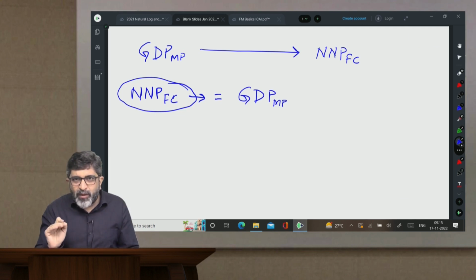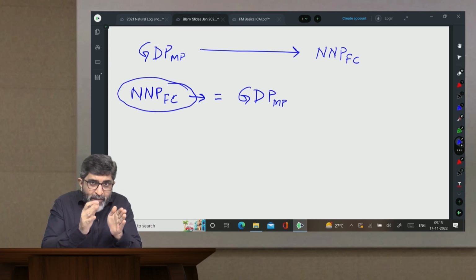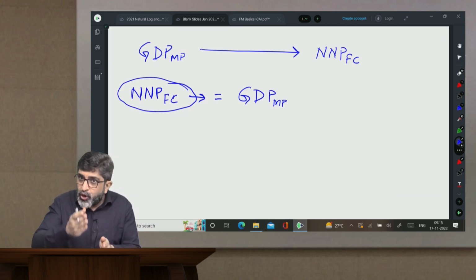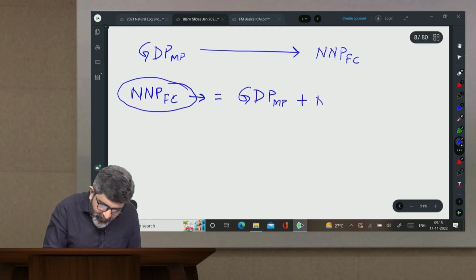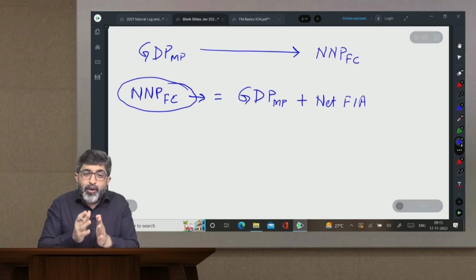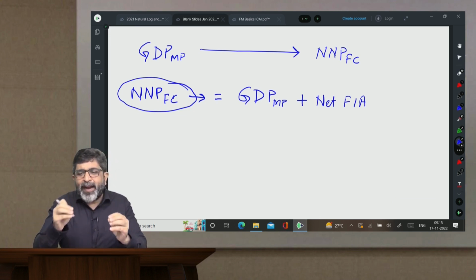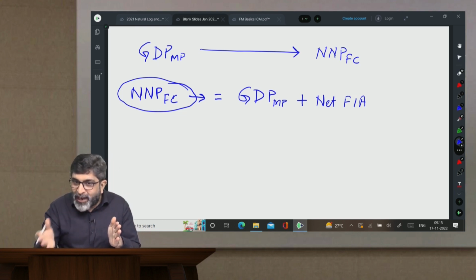First, I will convert domestic product to national product. You understand the approach. Domestic to national, I will just add net FIA. I could convert domestic to national by adding net factor income from abroad. So domestic got converted to national.